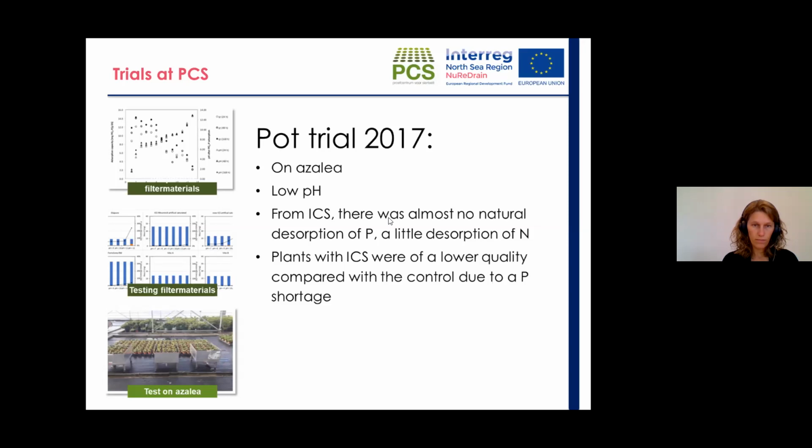Unfortunately, there was almost no natural desorption of the P. We saw a little desorption of N, which was surprising, but no desorption of the P. And the plants that grew with ICS were of lower quality compared to the control, due to a P shortage. So at low pH from 4 to 5.5, it didn't desorb.